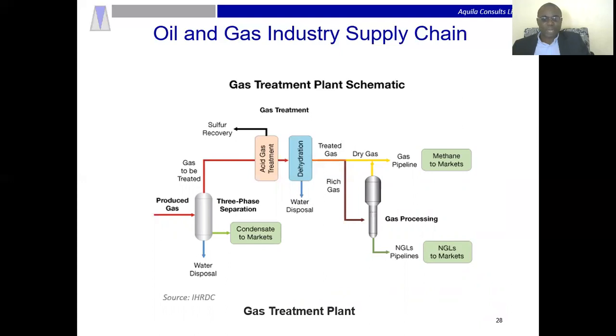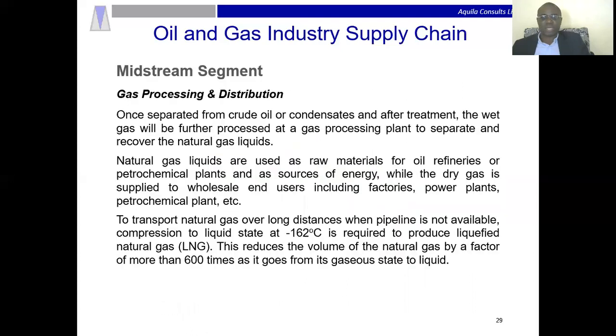Then you pass the wet gas through these processes: acid gas treatment for sulfur recovery, and dehydration for water disposal. Then you send it for further processing if required, if it has the other gases, to obtain your natural gas liquids, NGLs. The dry gas, which is methane, is sent to the end user.